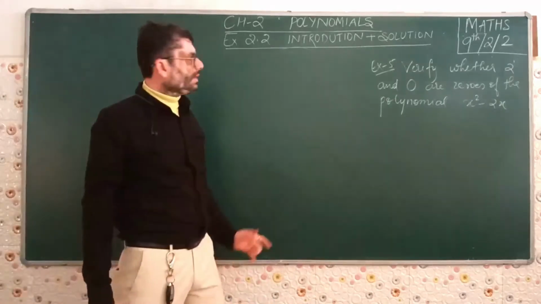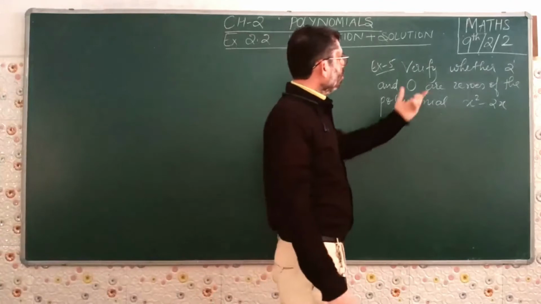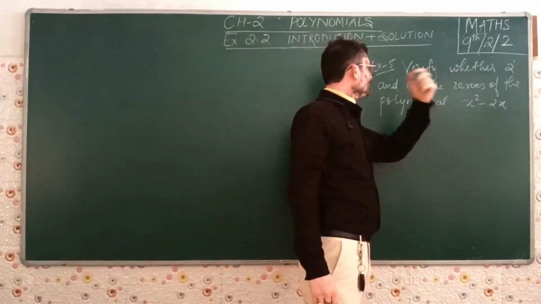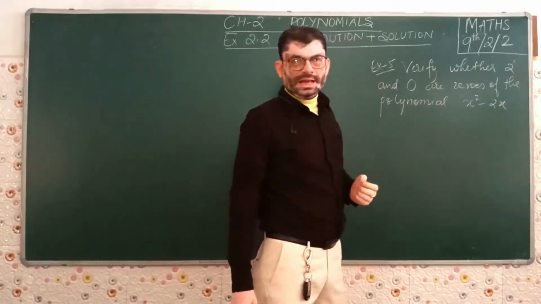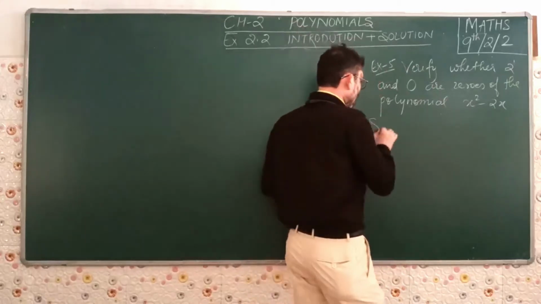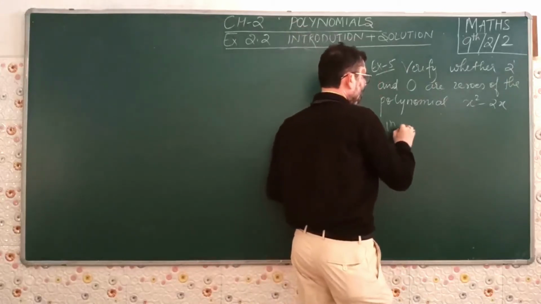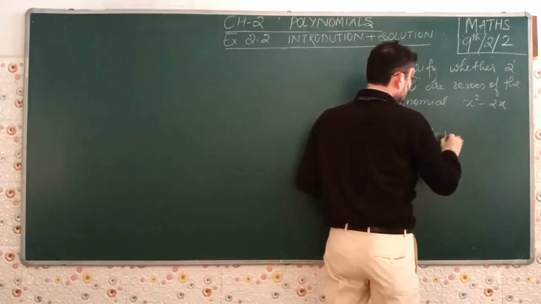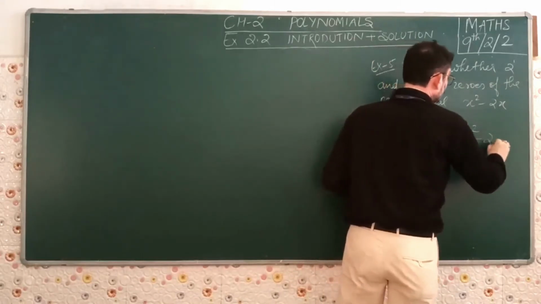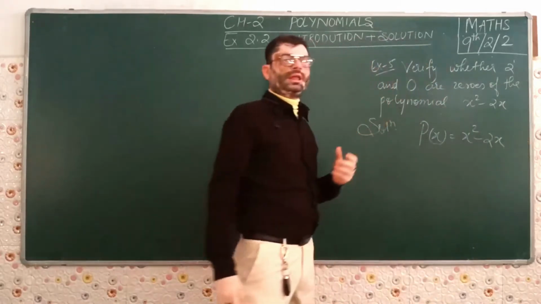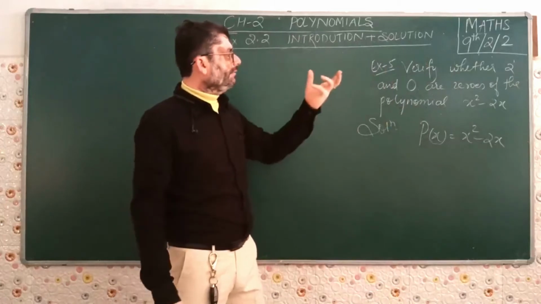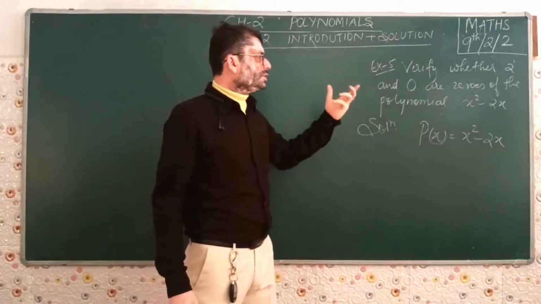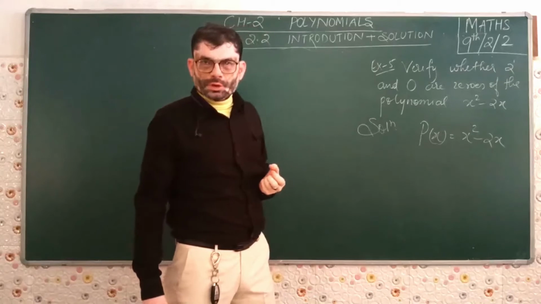Next example. Verify whether 2 and 0 are the zeros of the polynomial x square minus 2x. So we are given the polynomial p of x is equal to x square minus 2x. And we have to check whether 0 and 2 are the zeros of the polynomial or not.